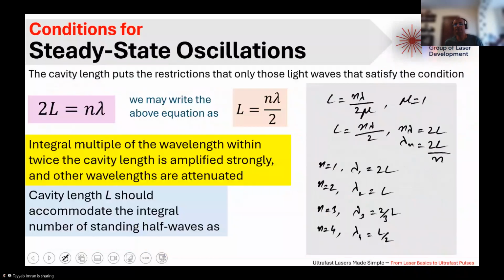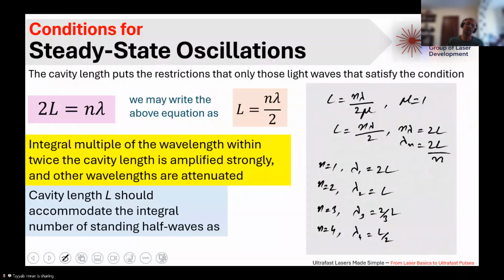Now the same thing, but this L is very important. This L is the length of the cavity. How do we decide what wavelength we can have at the output? That length will decide.